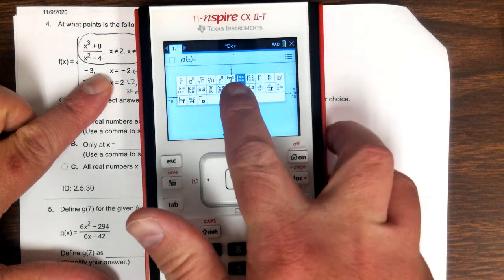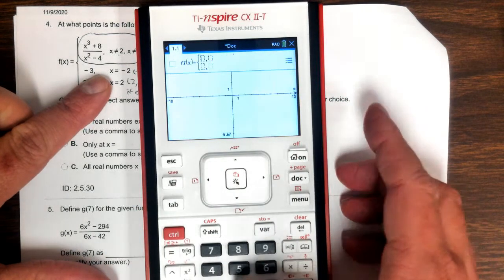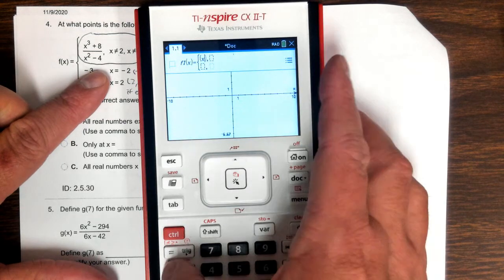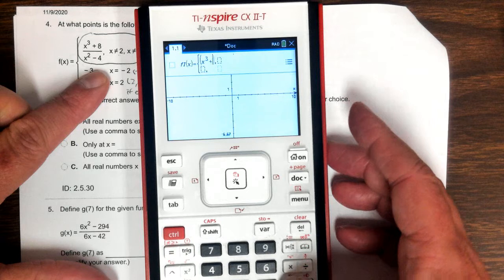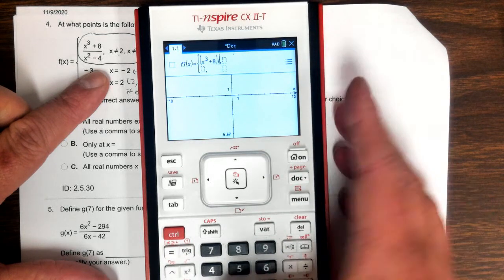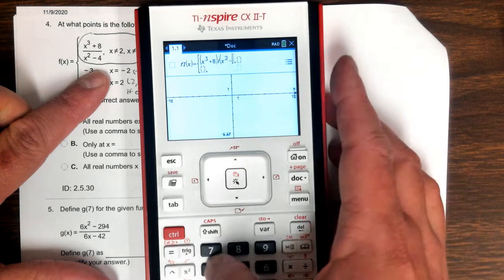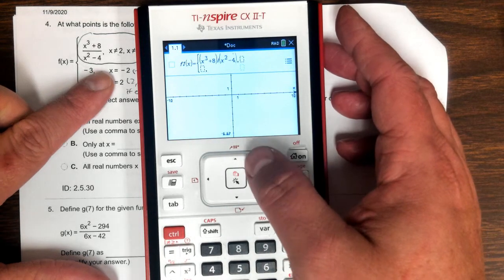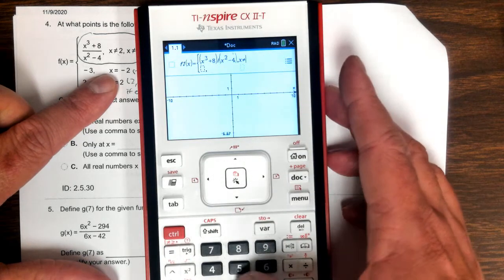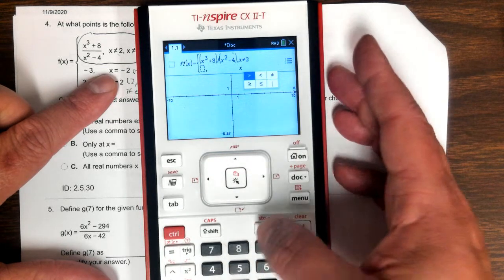The 2 by 2 piecewise is right there, and we put x cubed plus 8, that's our numerator, divided by x squared minus 4, and I want that when x is not equal to 2. Now I also want that when x is not equal to -2.